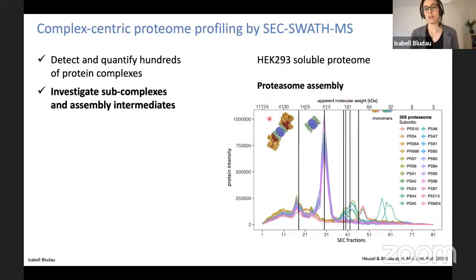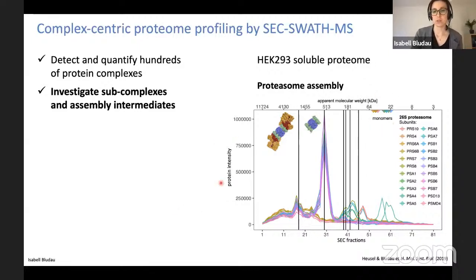The early SEC fractions correspond to high molecular weight fractions, because there's a log-linear relationship between the molecular weight and the SEC fractions, and we can use a calibration standard to match fractions to molecular weights. The first fractions correspond to high molecular weights, thus large complexes, whereas the higher SEC fraction numbers correspond to lower molecular weights, for smaller complexes or where the monomers would elute.